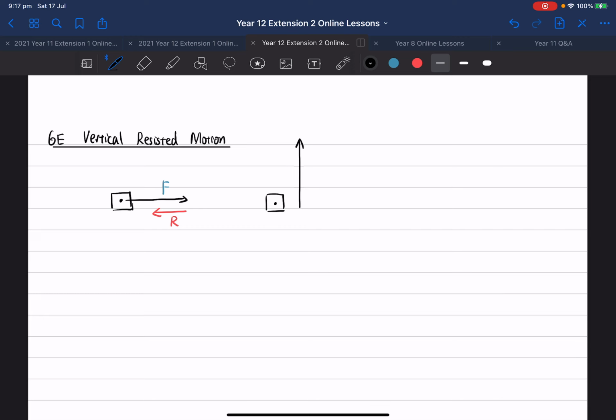This time it is vertical forces, so there is always going to be a gravitational force acting downwards. Remember this. The gravitational force is the acceleration going downwards, so the gravity is mg going downwards.